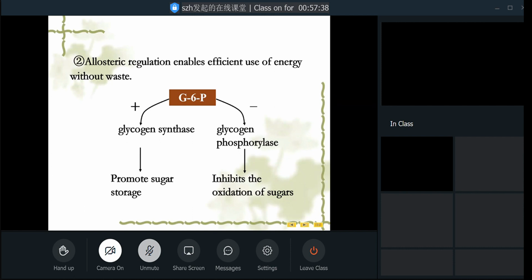At the same time it decreases glycogen phosphorylase and inhibits the breakdown of sugar.